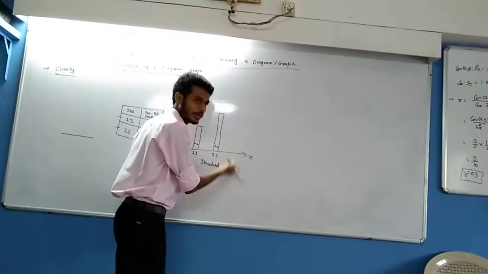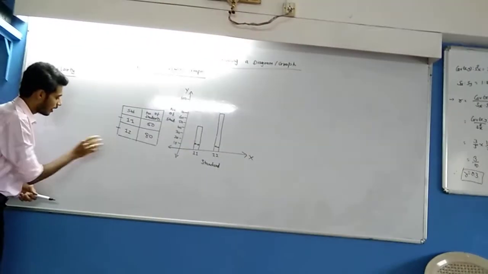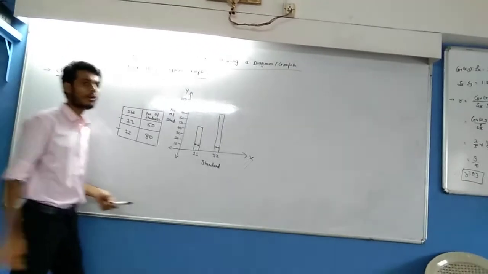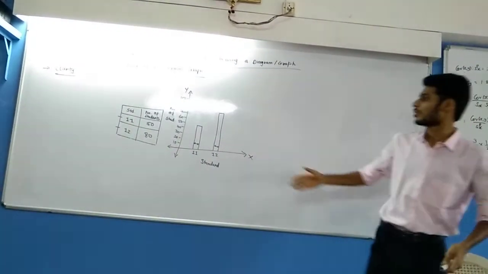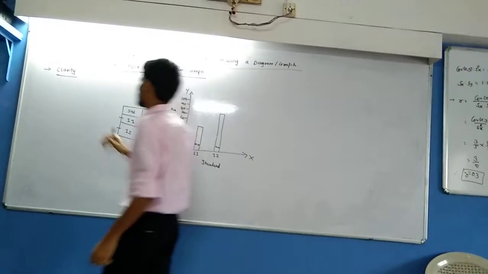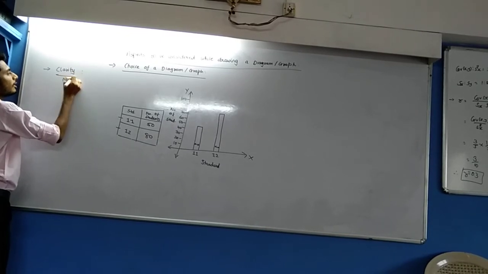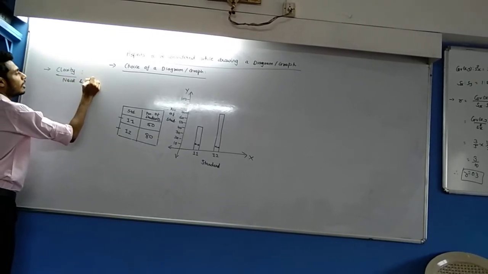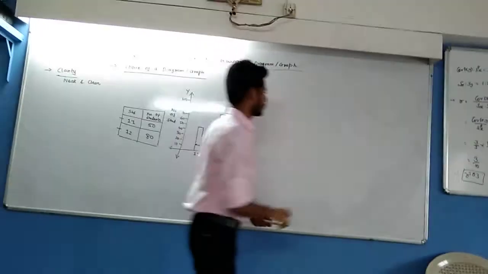If such things happen in a diagram or a graph, then the diagram or graph may not look appropriate and the reader might misunderstand what is the purpose of you plotting such lines. Okay, so there should be clarity. Your diagram should look neat and clean without any mistakes, right?